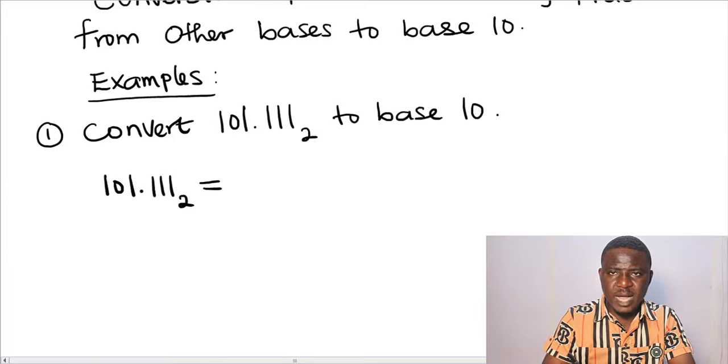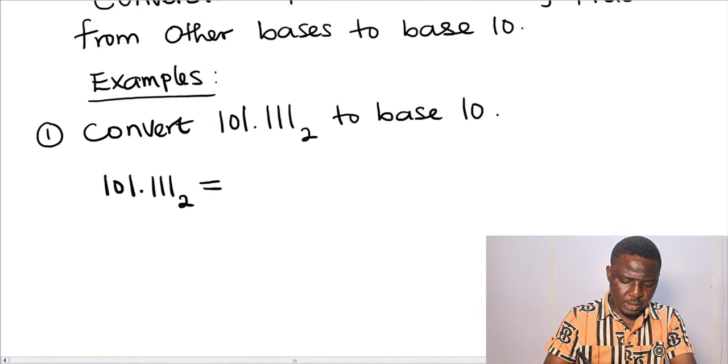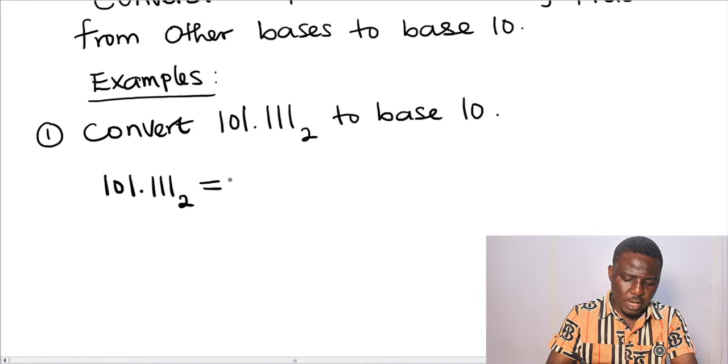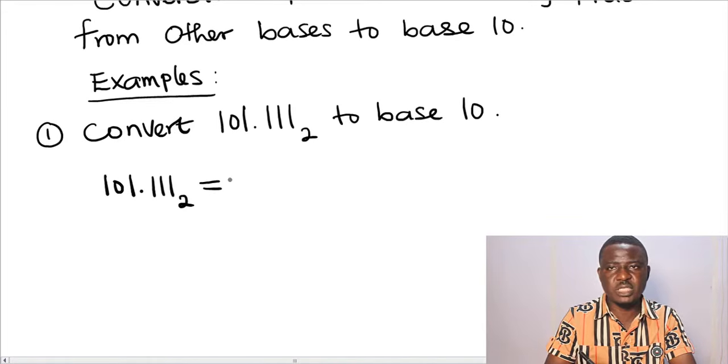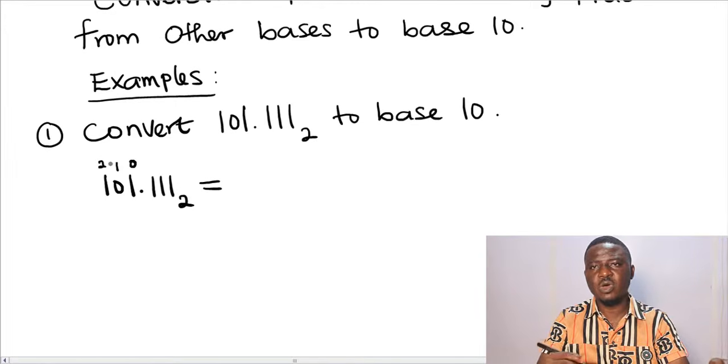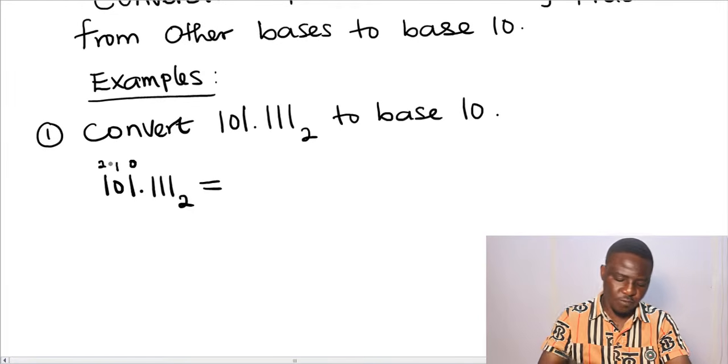So I'm going to expand these digits. Let's first of all assign the place values to each of the digits. These are 0, 1, and 2, while digits to the right of the decimal point will be assigned place values less than 0, that is, negative place values.